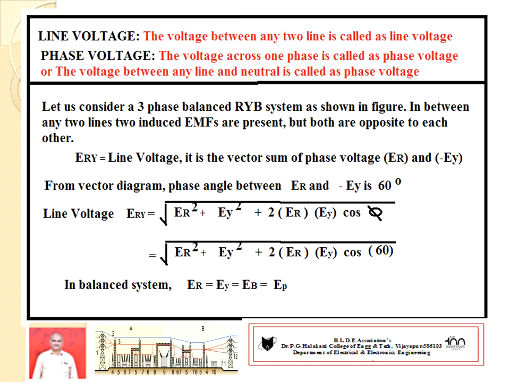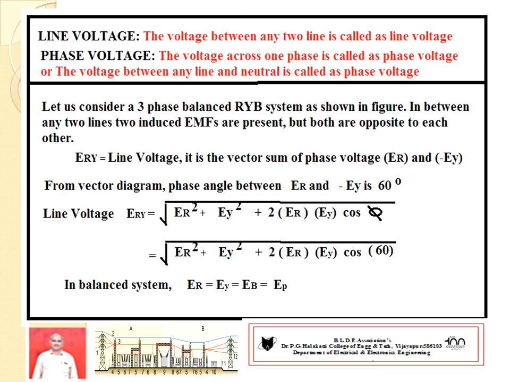Then by applying the law of parallelogram, the line voltage ERY may be written as the square root of ER square plus EY square plus 2 ER EY cos phi. The minus sign is not required here. Phi is the phase angle between ER and EY.